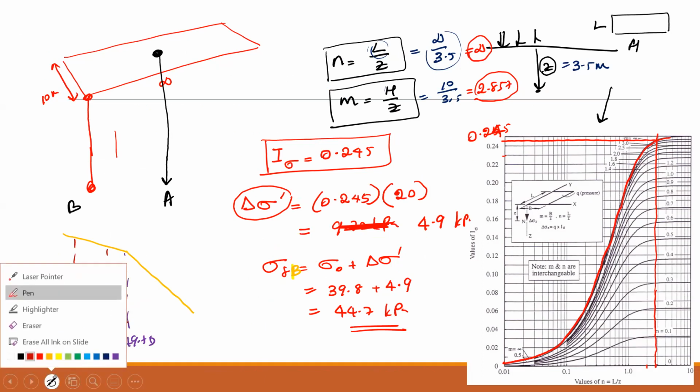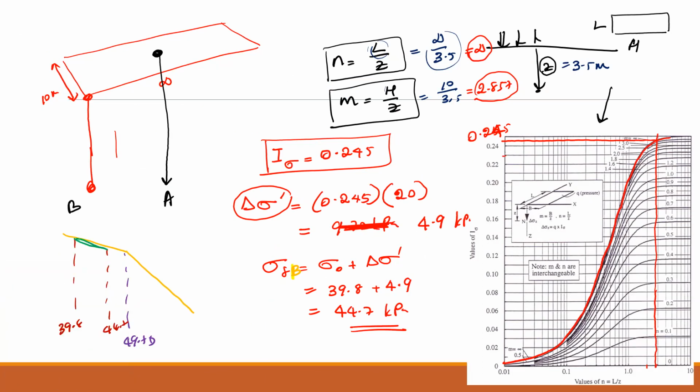So which equation do we need to use? The first equation. You use the first equation and find the settlement. So can you find me the settlement at B?